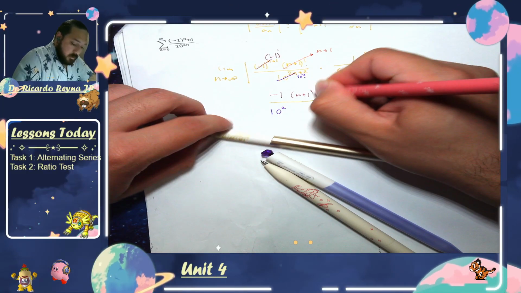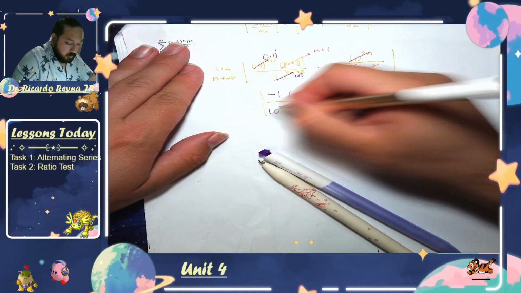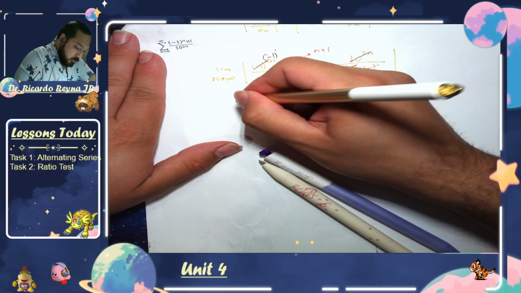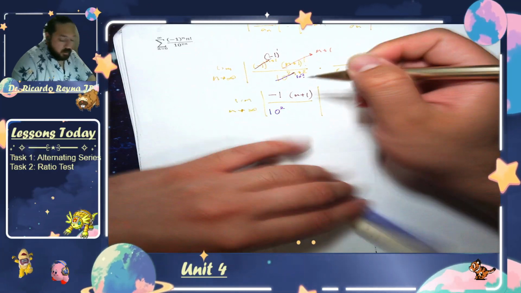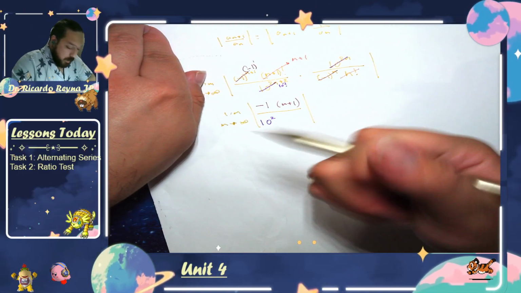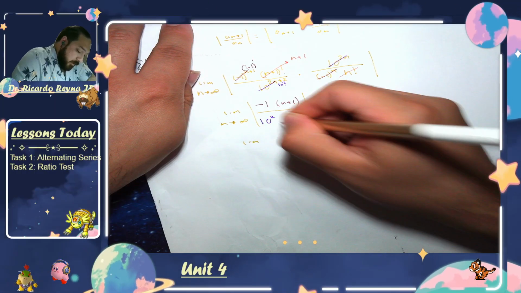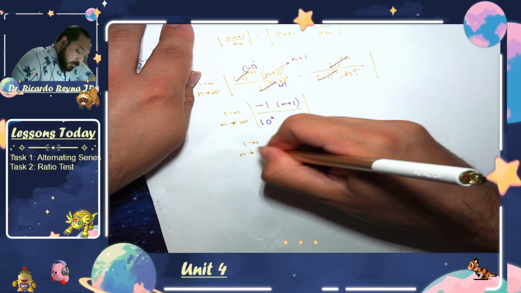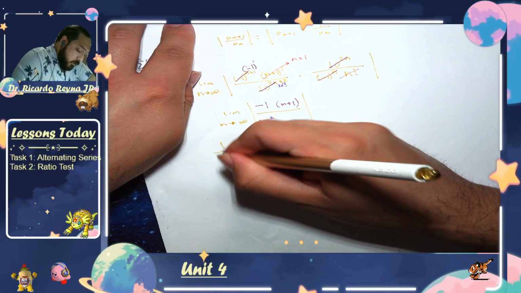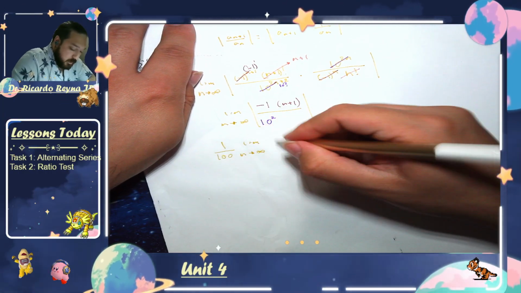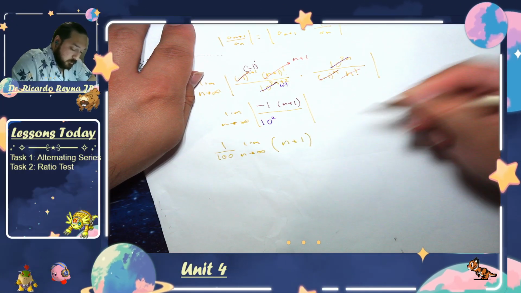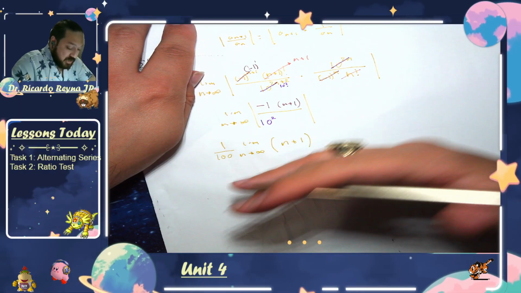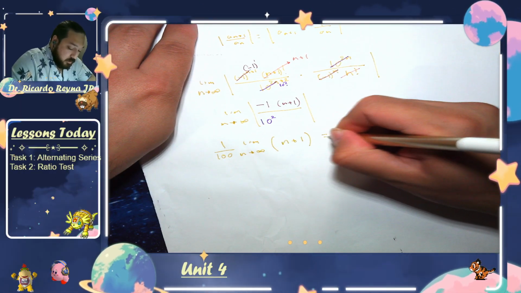N plus 1. Just doing the absolute value and going ahead and doing that denominator, you basically have 1 over 100 times n plus 1, which is just going to be infinity.